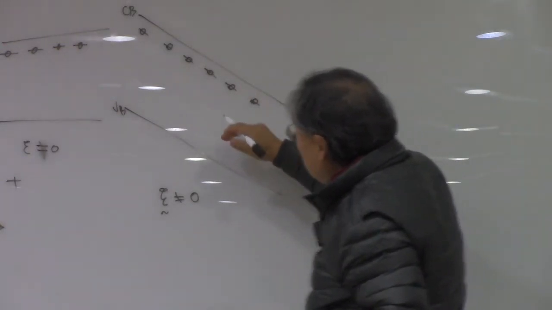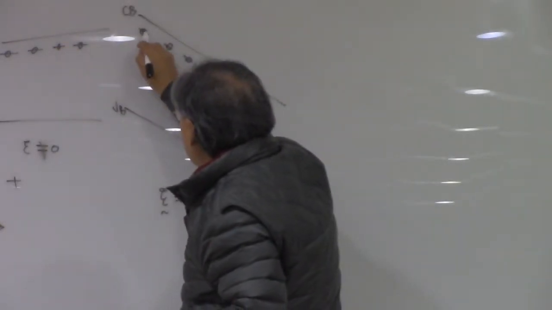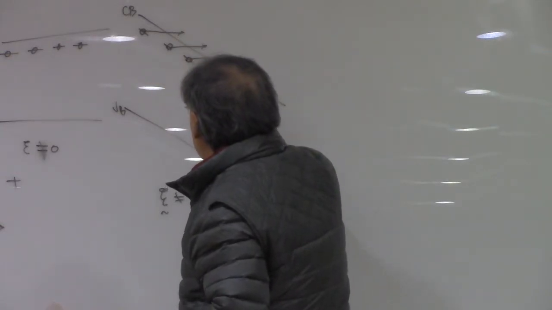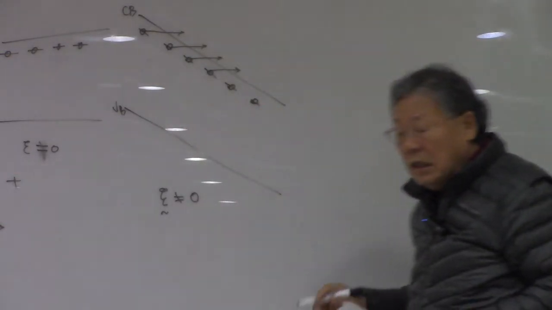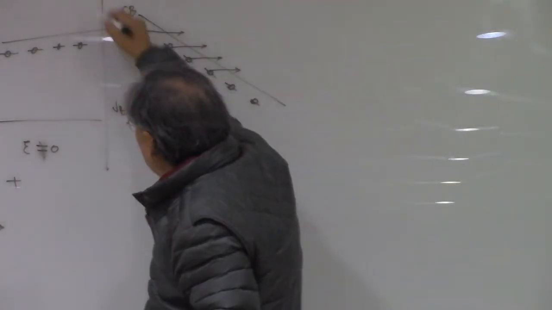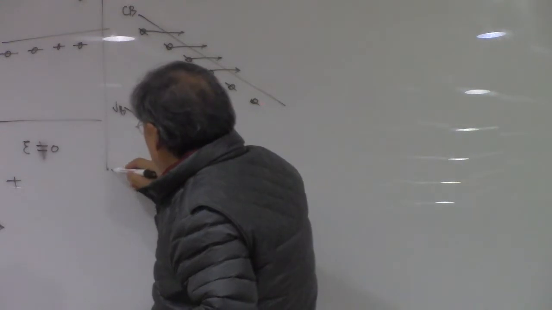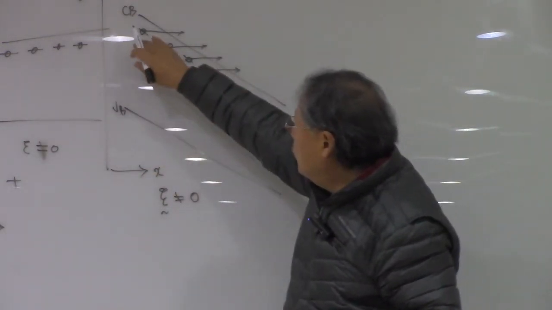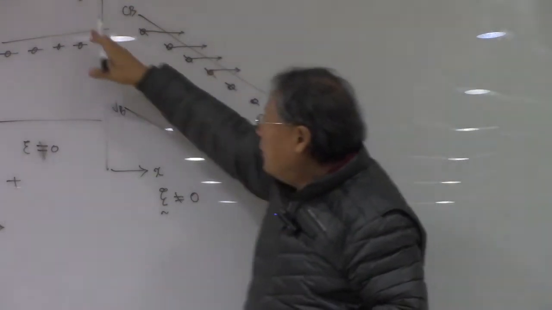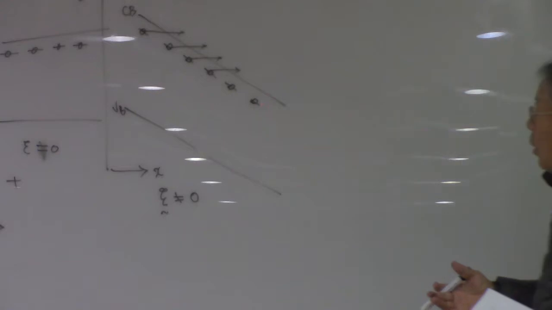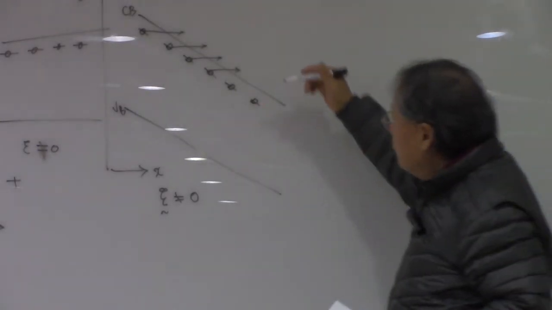And then the movement of electrons in the parallel direction does not cost any energy, because this y-axis is the energy and this is the physical distance. So if you move laterally, then you don't need any energy for the electrons to move, right?